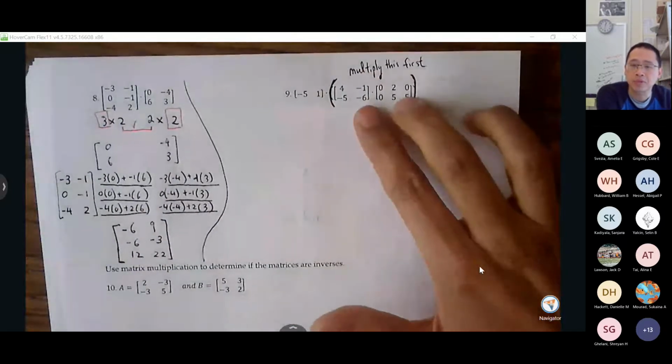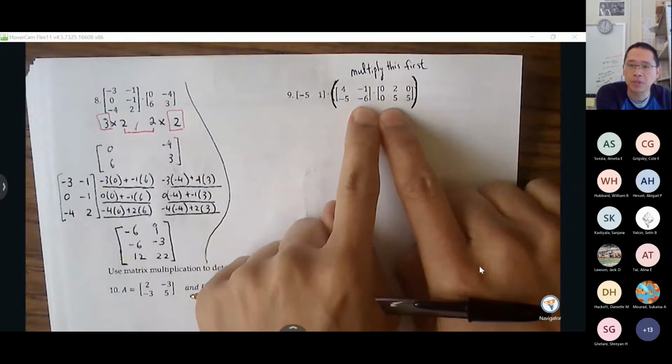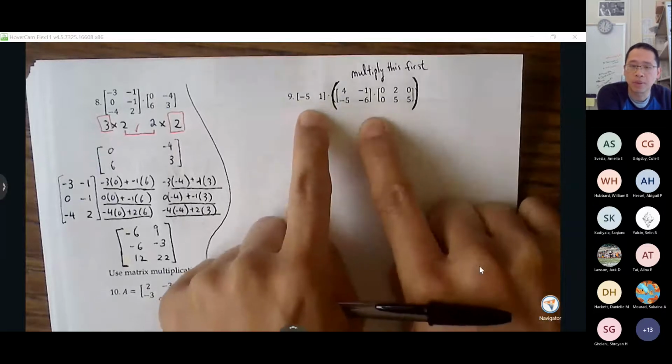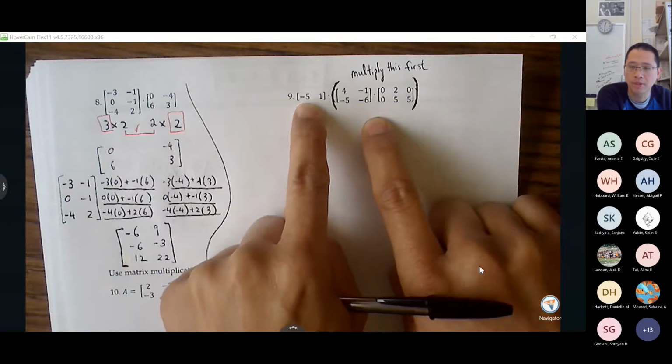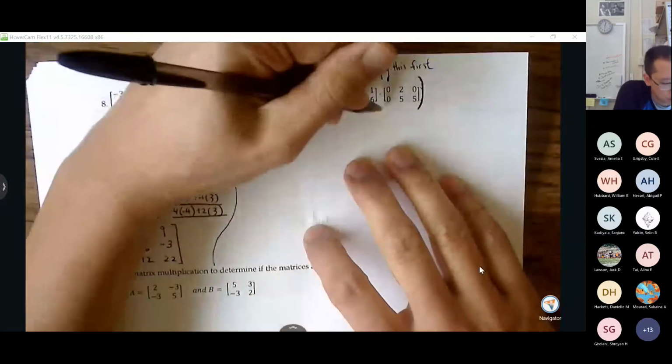Once we get this to be a new matrix, then we can worry about how to multiply with this 1x2 matrix. So let's deal with this first.